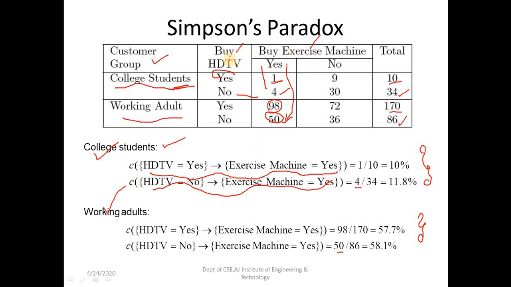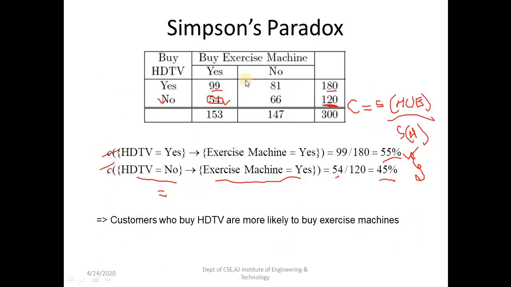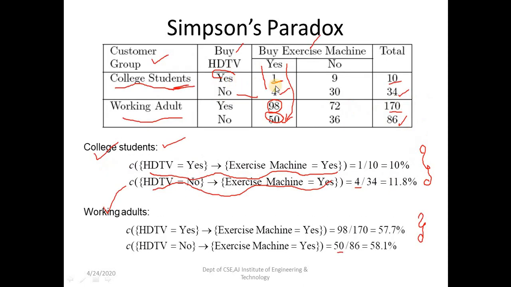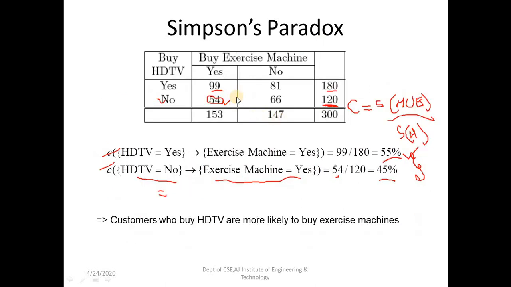Here if you see, the support counts in this table sum up to the support count of the first table. The support count 1 plus 98 gives 99, so HDTV is equal to yes and exercise machine is equal to yes is 99, summing the support counts of both college students and working adults. Similarly, HDTV is equal to no, exercise machine is equal to yes: 4 plus 50 gives 54.